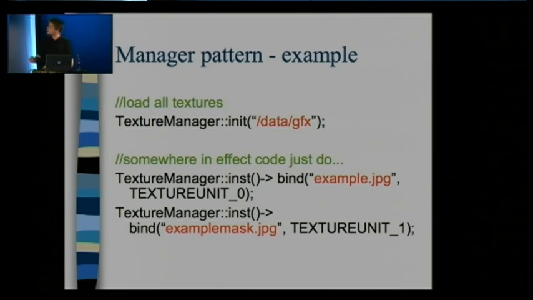What this does is that it gets the instance from the singleton, and it binds the texture by the name and the texture unit. This is actually quite a straightforward copy-paste from my demo. And as you can see, there's just one line of code to do all the nasty resource handling once your manager is done. So that's really something awesome.